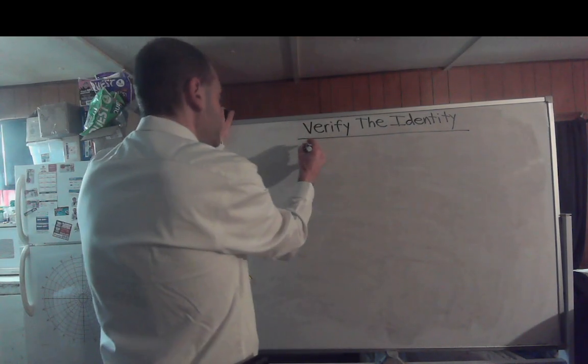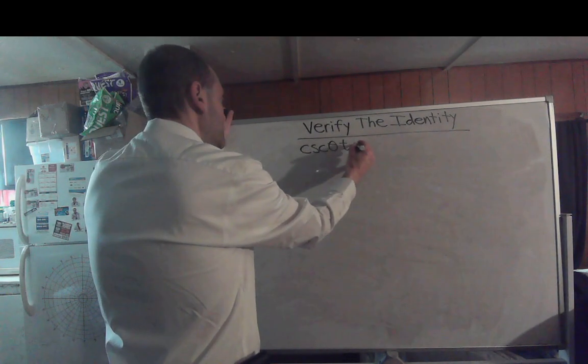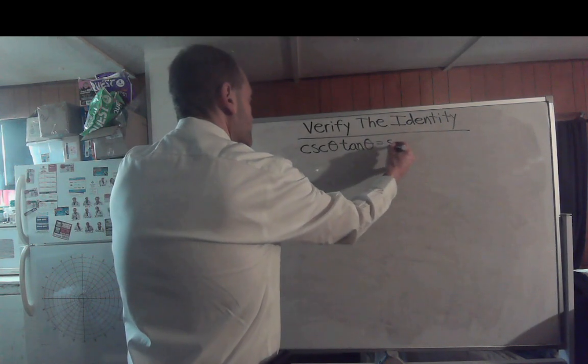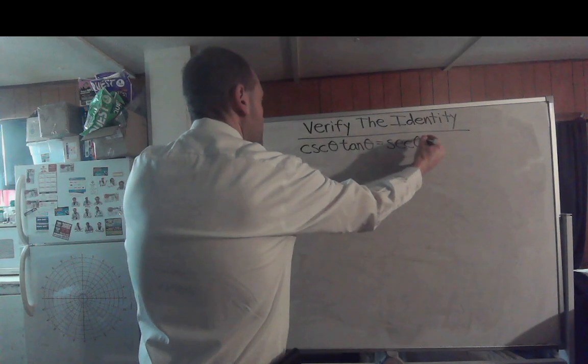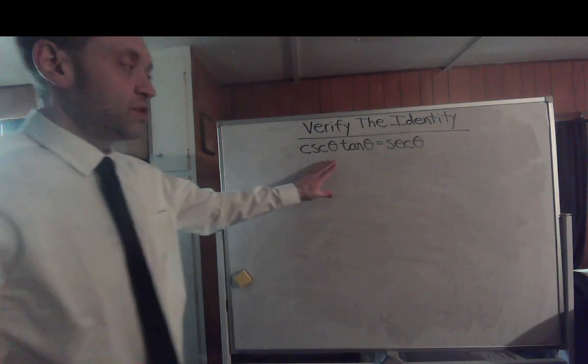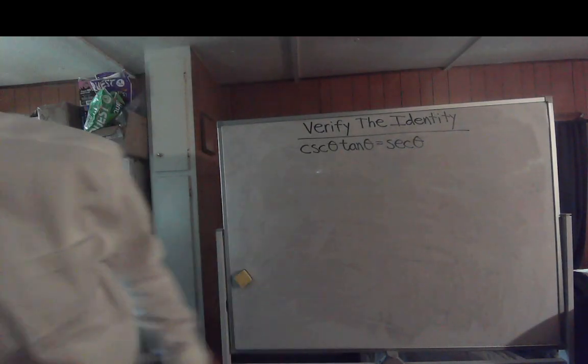Alright, so we have the cosecant of theta times the tangent of theta equals the secant of theta. We have to verify that. Well, let's start out again.